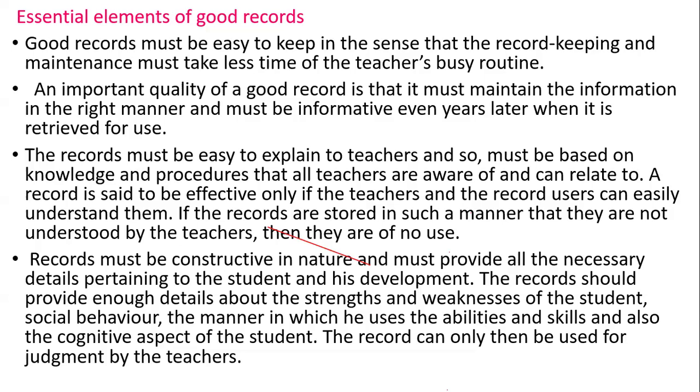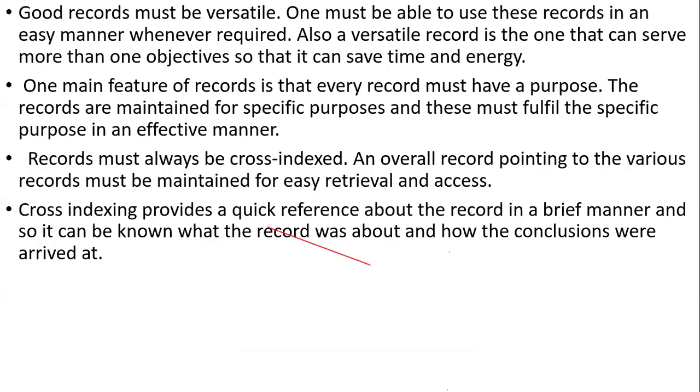What are the good points of the child? What are the weaknesses of the child? What are the social behaviors shown by the child? And how do they show their abilities, skills, their knowledge, right? And so the record can also be used to give judgments for the teachers, right? Okay. Next one.